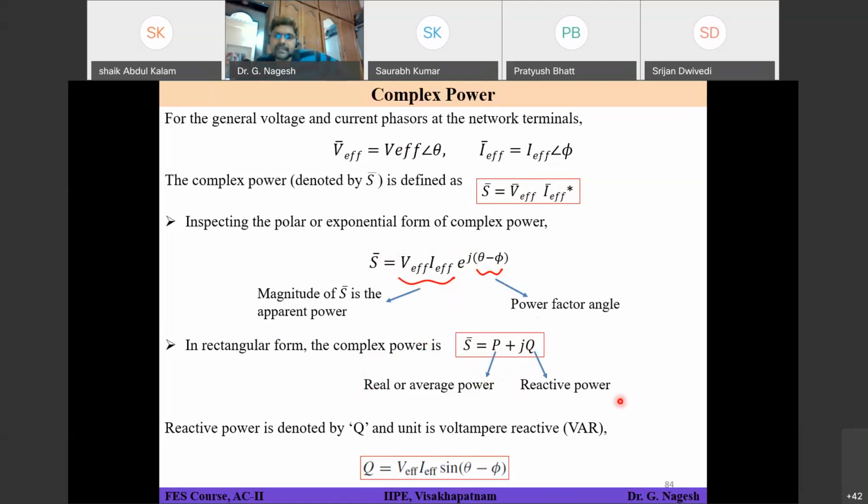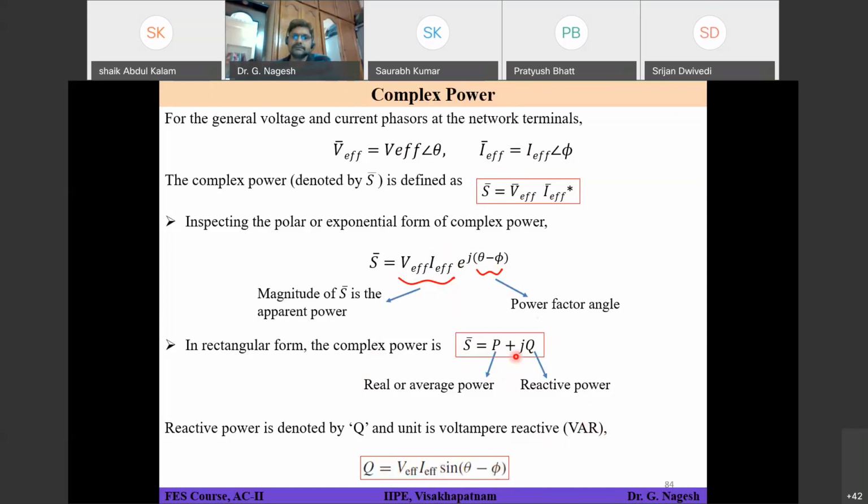Reactive power is one more new term. Along with complex power, you have one more new term, reactive power, denoted by letter Q. The unit is volt ampere reactive, and it is given as V effective into I effective into sine of theta minus phi.